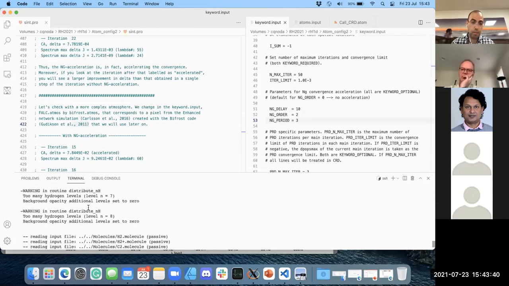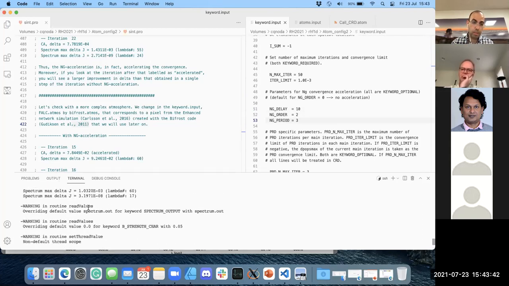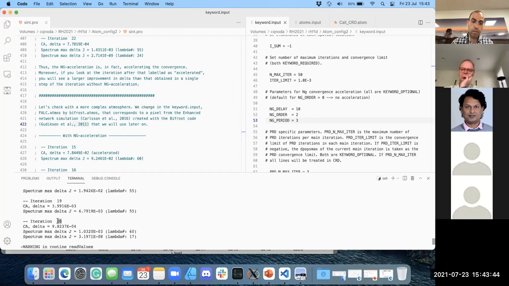You already have seen it, but you can check the iteration where this was achieved, and it's number 20. So we needed 15 more non-LTE iterations if we don't use the NG acceleration. Okay, so just have it as an option to accelerate the process, and in general it works.